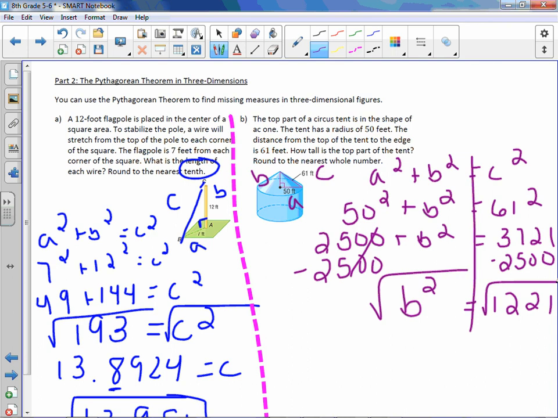Square root. B equals 34.9428. Nearest whole number would be 35 feet.